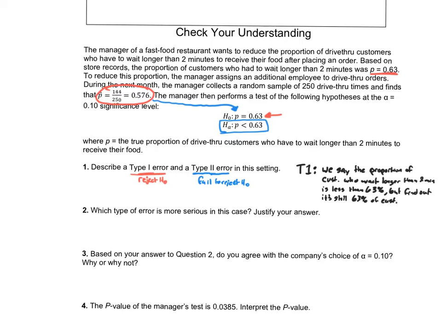So that's a type 1 error. When we reject the null, we say we reject it. So watch, I'll do this with colors up here. We reject a null and say the alternative, and then find out, whoops, the null was actually true. So that's a type 1 error.